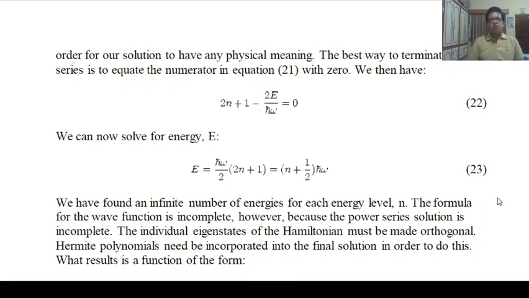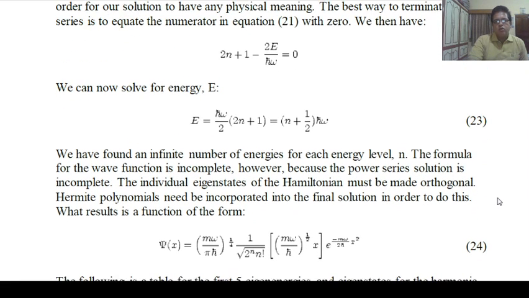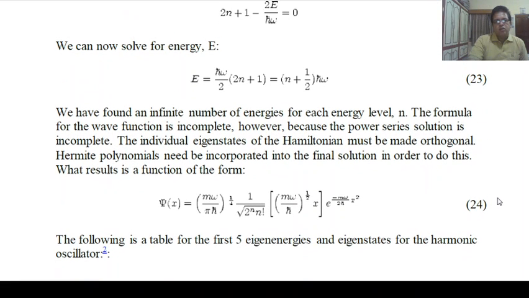Hermite polynomials need to be incorporated into the final solution in order to do this. If we want exact solutions or good solutions, we must incorporate Hermite polynomials into the solutions.